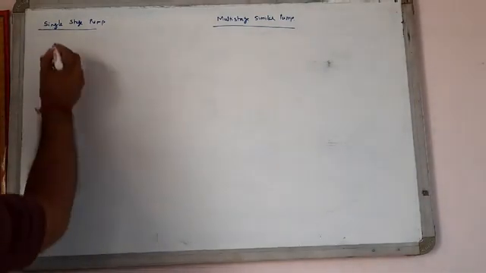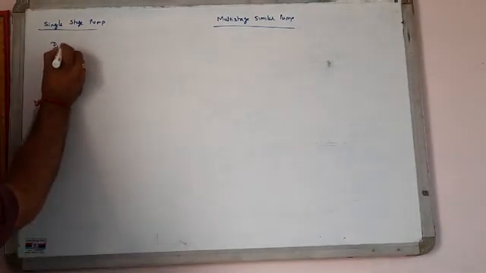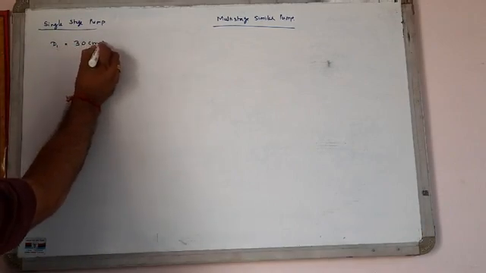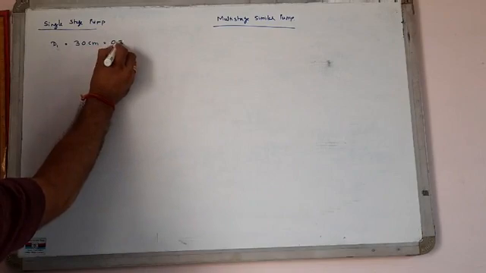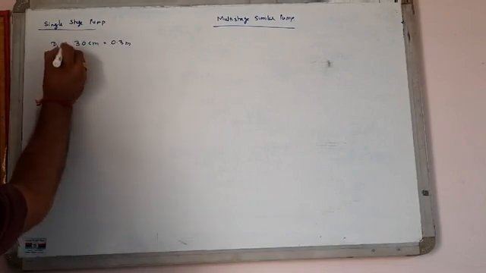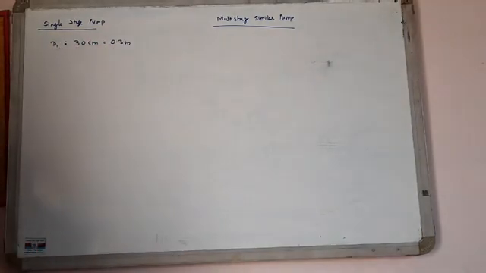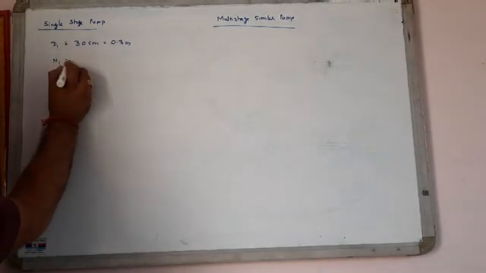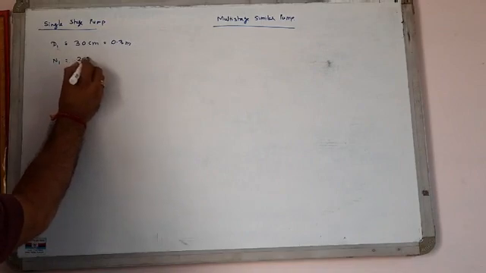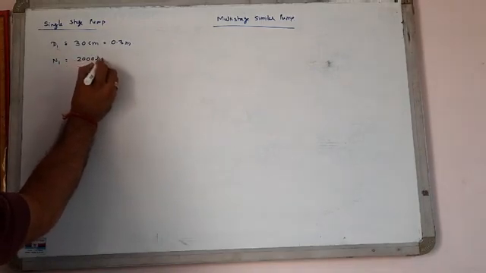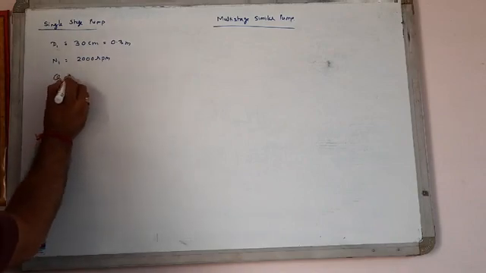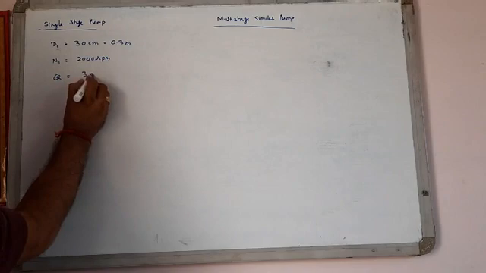Diameter of impeller D1 is given 30 cm equal to 0.3 meter. Speed N1 is given 2000 rpm. Discharge Q is given 3 meter cube per second.